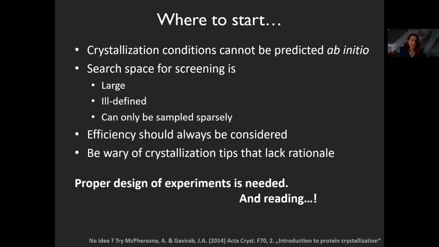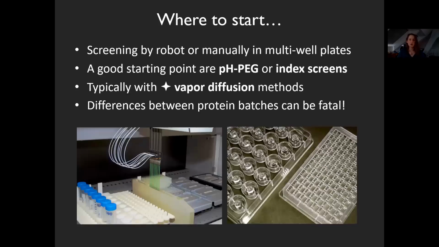There's a lot of superstitions around crystallization, and a proper design of experiments is needed. And you also may want to read up. If you've got really no idea, try this one, McPherson, Introduction to Protein Crystallization is an excellent starting point, along with the book from Bernhard Rupp, Biomolecular Crystallography.